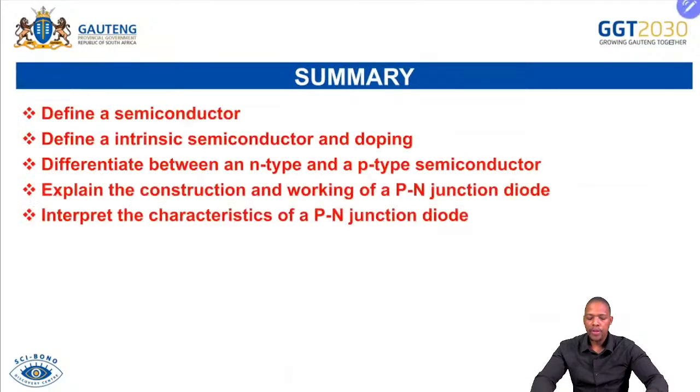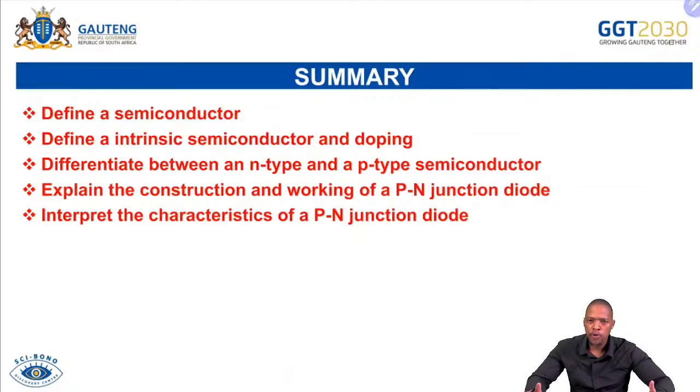Okay, so in summary, you would remember that by the end of the day, we must be able to define a semiconductor as a material that has electrical conductivity between that of a conductor and an insulator. Define an intrinsic semiconductor: a pure semiconductor.